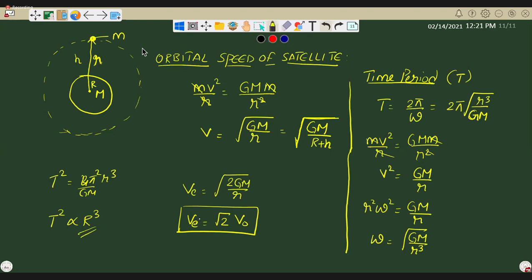Your escape velocity is root 2 times your orbital speed. So which is more, escape velocity or orbital speed? Escape velocity is more. Clear? So did you take down orbital speed, time period, and the relation between escape velocity and orbital speed, right?